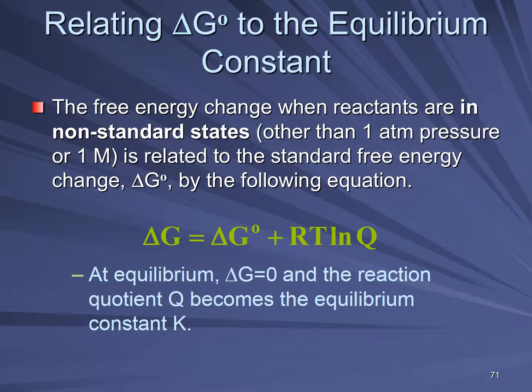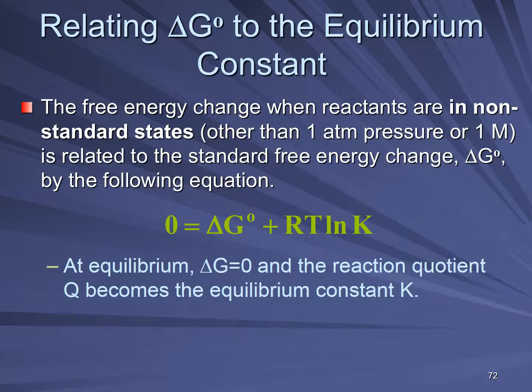At equilibrium, we know that delta G equals 0, and we also know that Q becomes K at equilibrium. So if we plug that in, we get this equation.